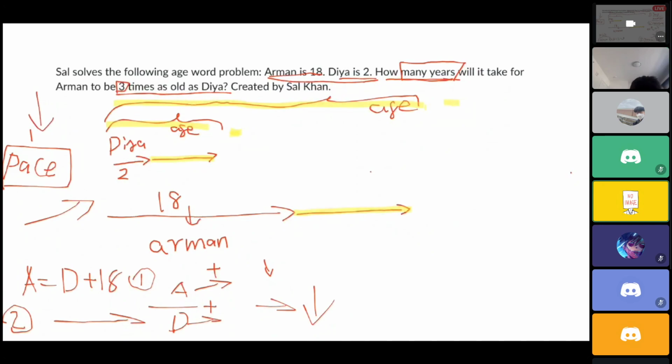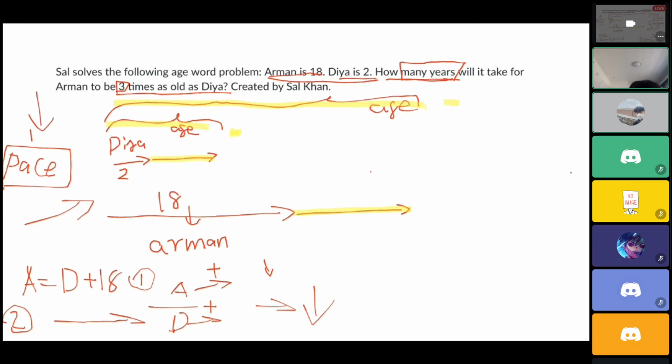Dia's age and Armin's age? What is the actual relationship? Take a guess. Dia's age is repeated in Armin's age?